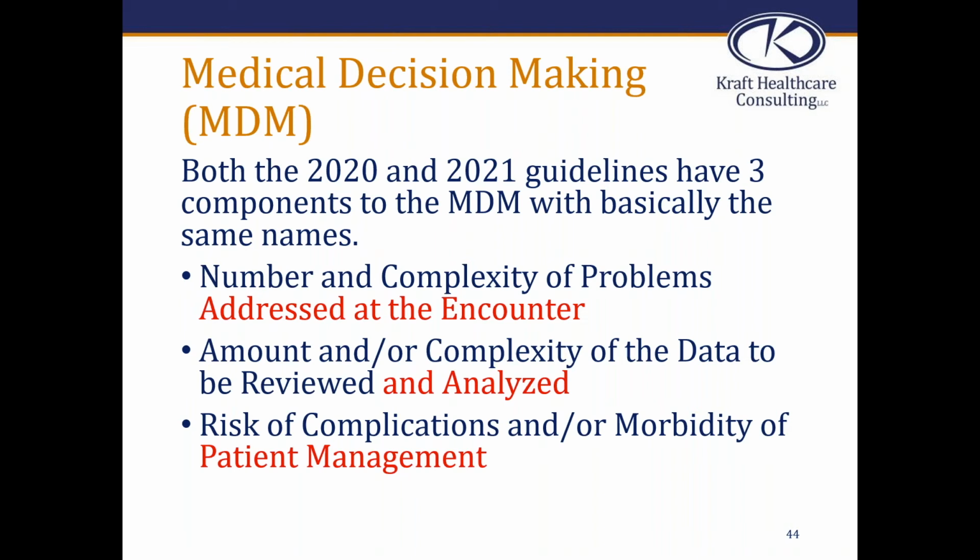Now we have, again, number and complexity of problems addressed at the encounter. That is so very important. And then they added to amount and or complexity of data to be reviewed and analyzed. And then the last one changed a little bit, risk of complications and or morbidity of patient management.